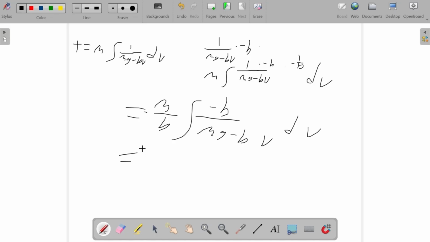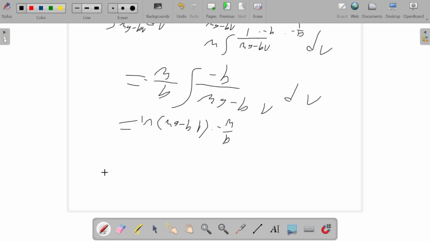And this just equals the natural log of mg minus bv times minus m over b. So what we got is that t equals minus m over b natural log mg minus bv.